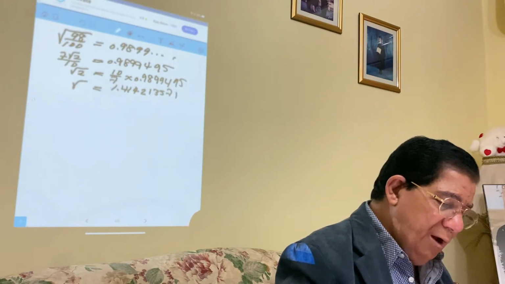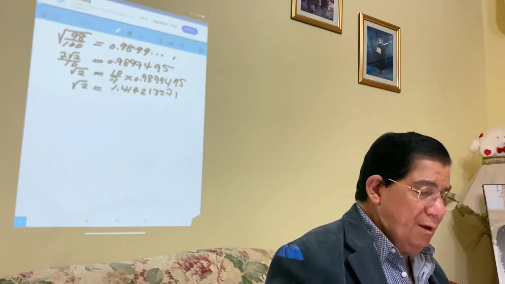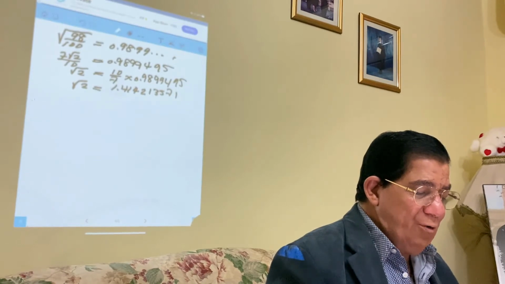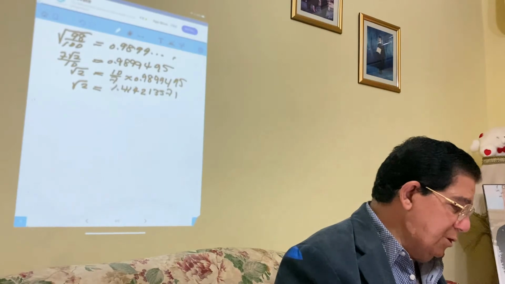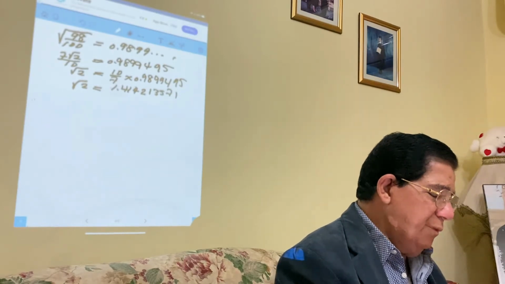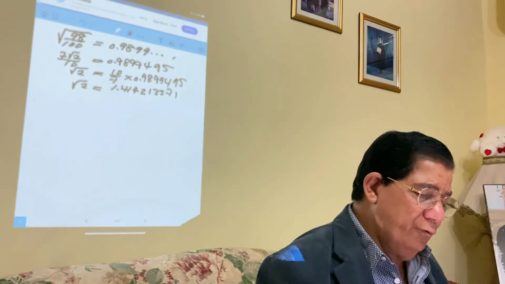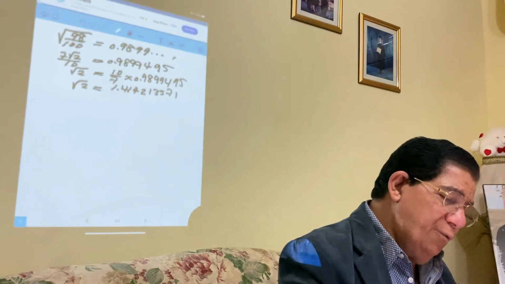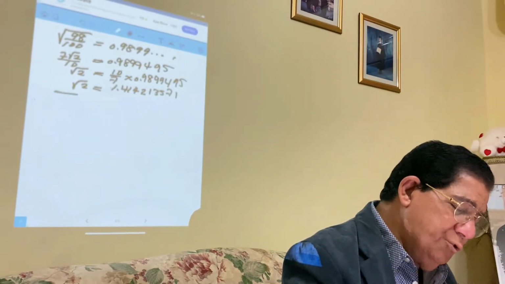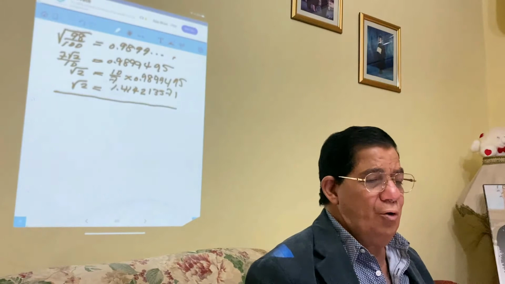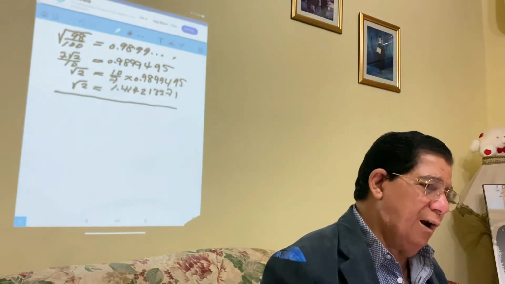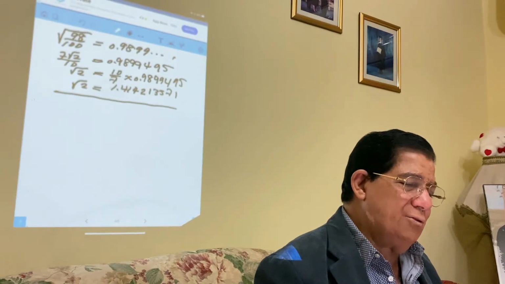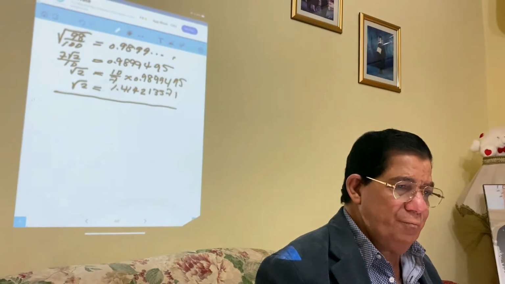This is, by the way, an exact value of root 2. In the question it says find a suitable value of root 2. Therefore, we can make use of this binomial expansion by substituting some values of x to calculate certain values.